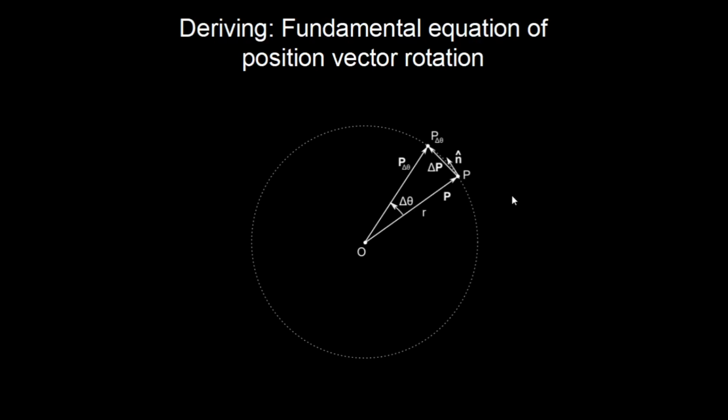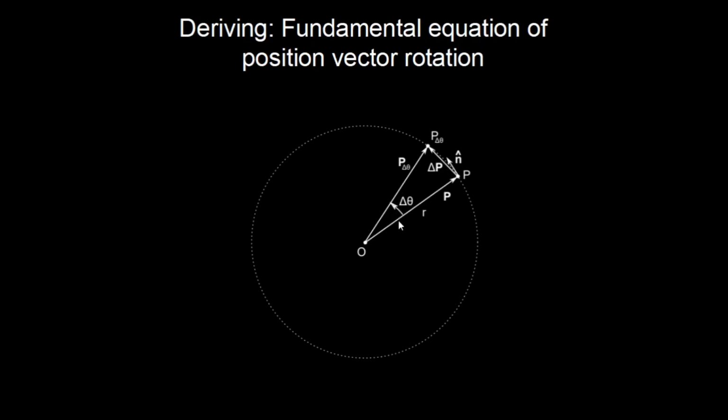In this figure, O is the origin. Point P is represented by vector bold P, which has a magnitude of r. Point P sub delta theta is represented by vector bold P sub delta theta. The angle difference between the two vectors is delta theta.